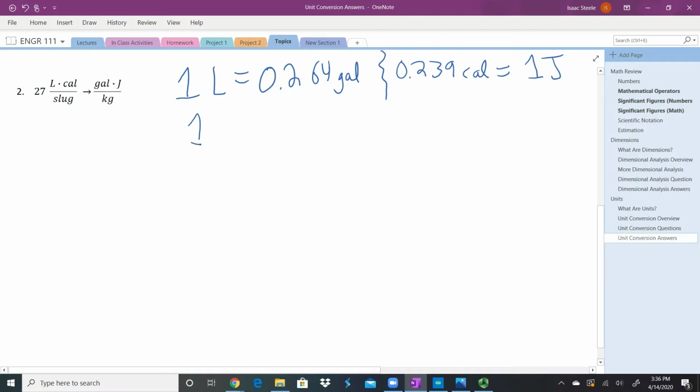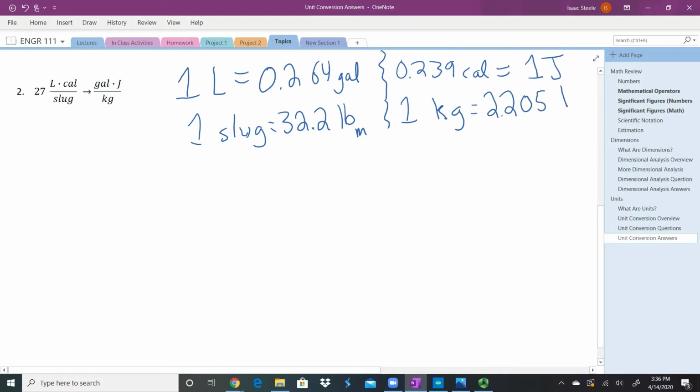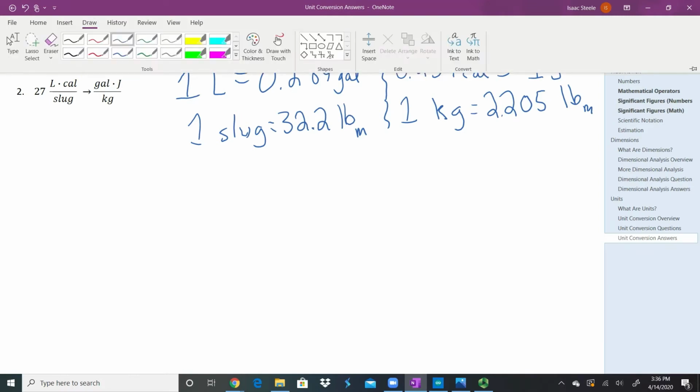I have that 1 slug, funny one, slug, equals 32.2 pound mass. And then I have 1 kilogram equals 2.205 pound masses. So here I have 3 units I want to convert, but I need 4 conversion factors to do this because one of them takes a couple steps.